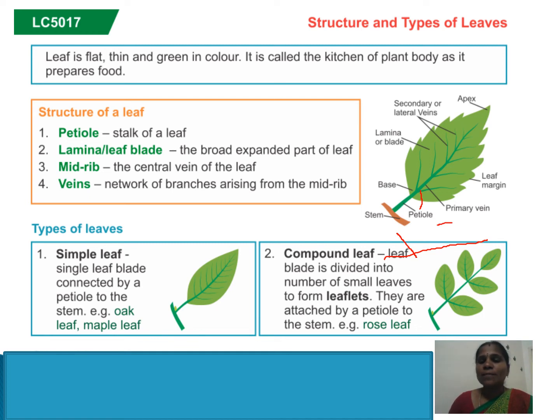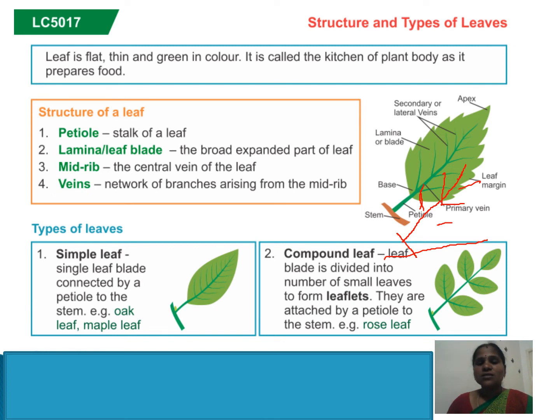Midrib: the main vein we call the midrib, the central vein. Next, the side veins will also be there. They are a network of branches arising from the midrib. The side veins start from the midrib. These are the network of branches.